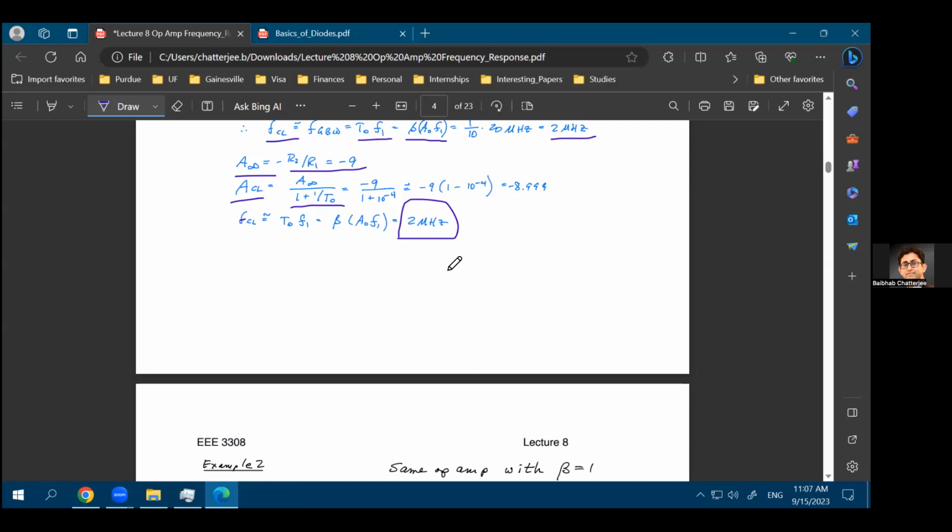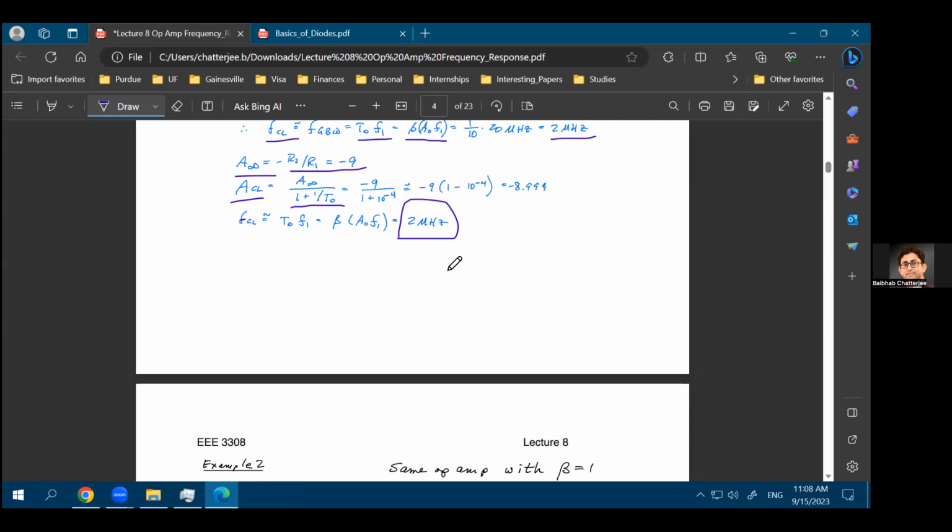Now, what are you doing when you are putting the open loop op amp into a closed loop configuration? Through feedback, you are sort of reducing the gain. In this case, the gain was A naught or AOL, which is very high. In this case, the gain is minus R2 over R1. And the beta factor is basically very close to R1 over R2.